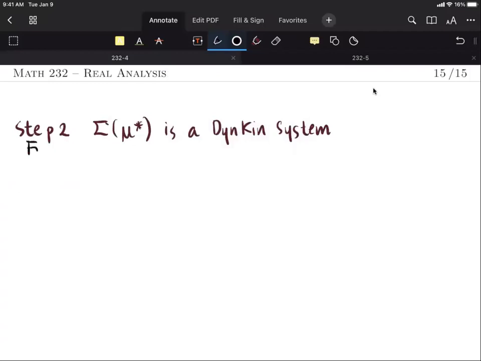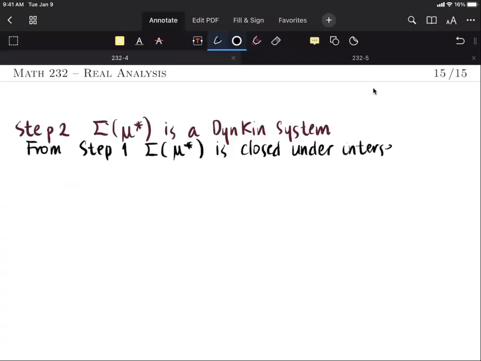Take note that from step 1, this is closed under finite intersections. And why is that? Because an algebra is closed under intersections.